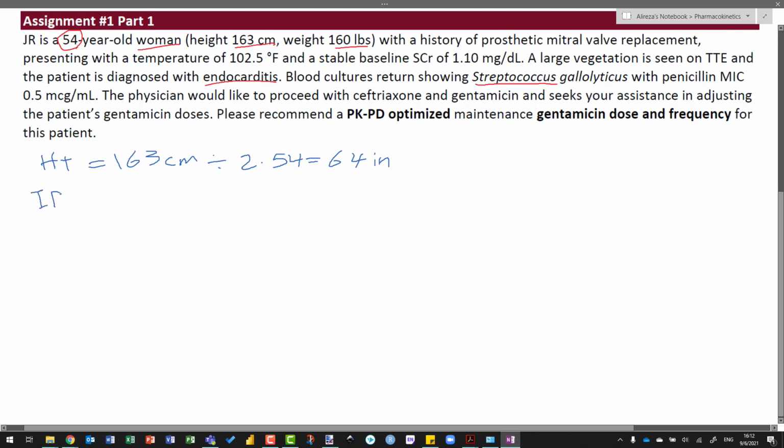So ideal body weight, remember this is a female, is 45.5 plus 2.3 times 4, because 4 inches above 60 inches, which gives you 54.7 kilogram.